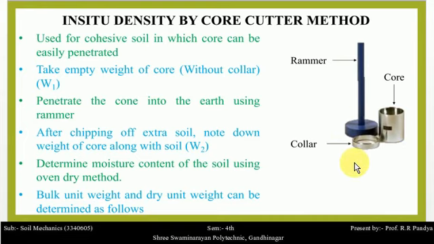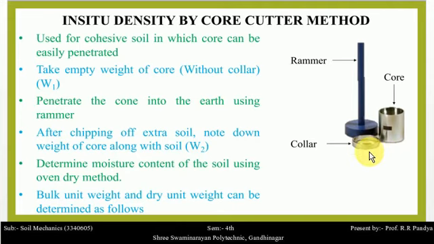The first one is the rammer. Another one is the core, which is nothing but a cylindrical tube. Another one is the collar. The collar has a sharp edge on one side.